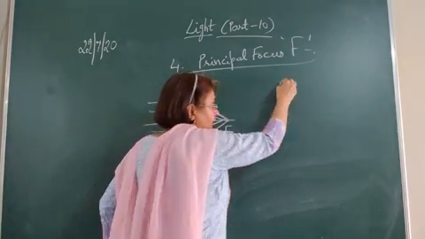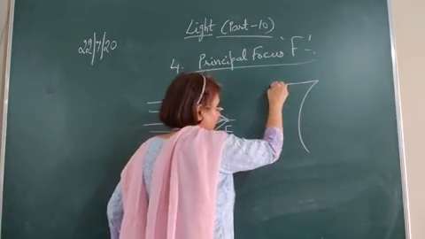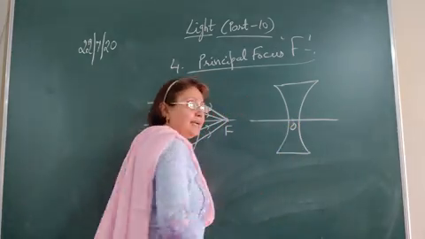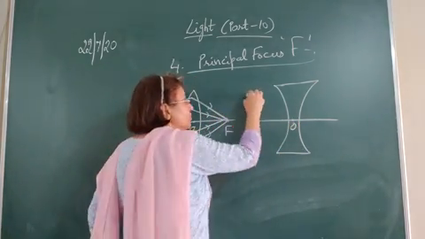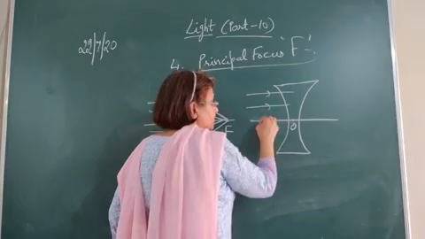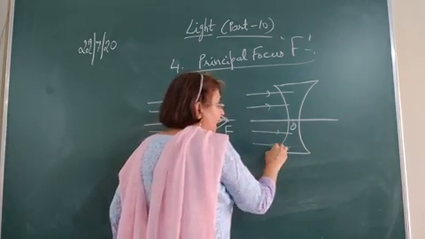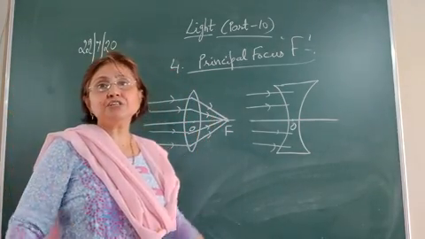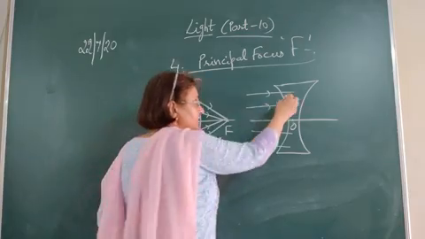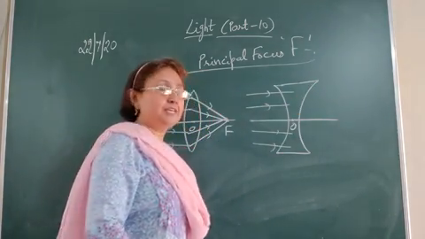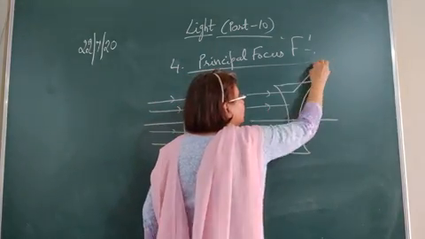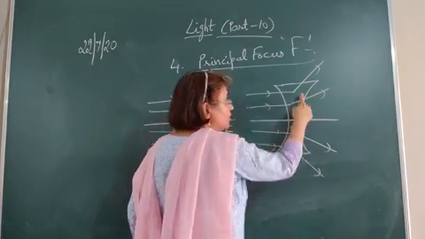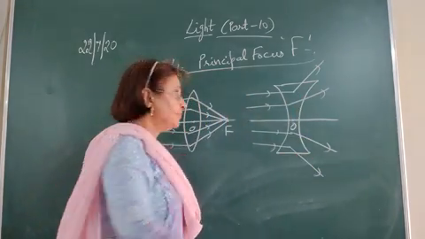Now let's see for a concave lens, which is thinner in the middle and thicker at the edges. A parallel beam of incident light, after refraction, these rays will diverge away from each other. These are the refracted rays which are moving apart from each other.